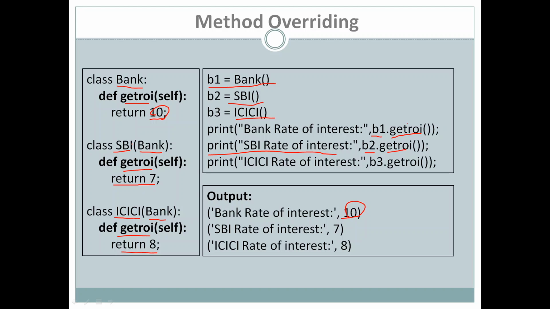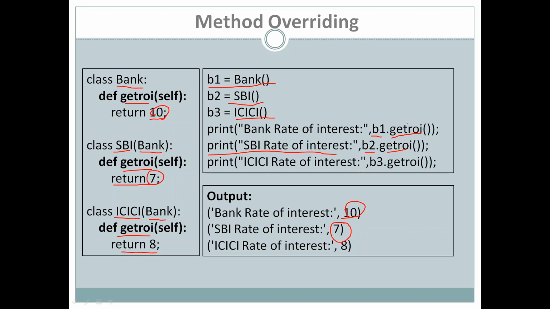So which get rate of interest method will be called? It will always call the overridden method, that is the one from the child class, which returns the value 7. So you may say the child class method get rate of interest is overriding the parent class method. So b2.get rate of interest will print the value 7, not the value 10.